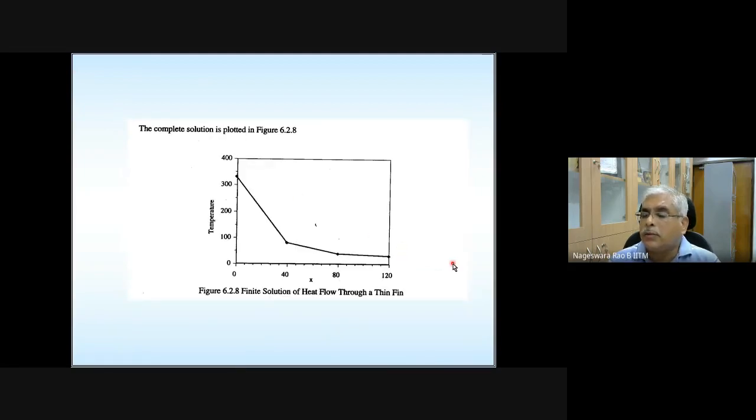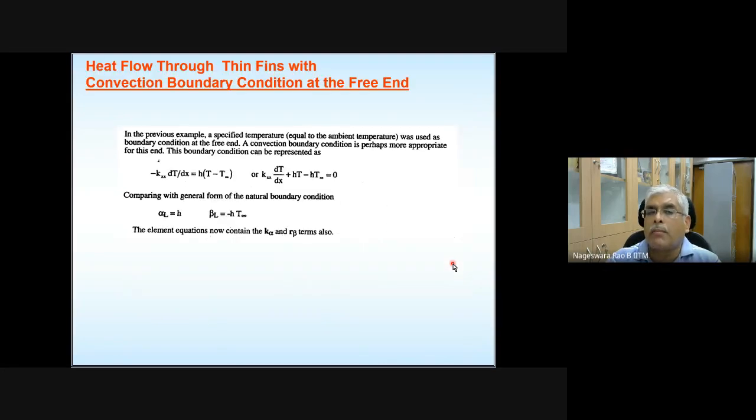And the temperature distribution is plotted. Not only this, it can also be applied to heat flow through thin films with a convection boundary condition. In the previous case, the convection boundary condition was not used. Here, if you have a convection boundary condition, what is going to be the difference?